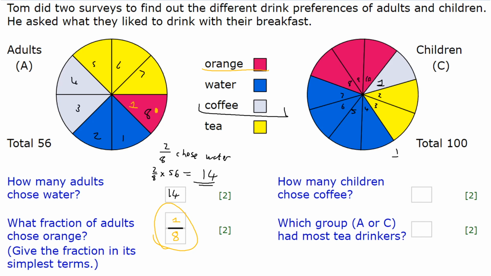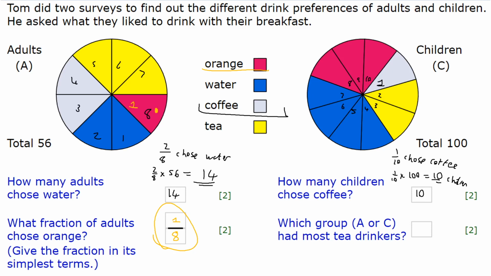So there's a 10th chose coffee. Okay? So therefore, a tenth times 100 is equal to 10 children. Okay? 10 children drink coffee with their breakfast.